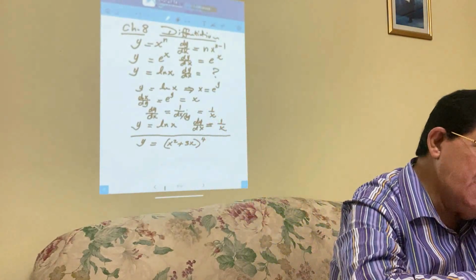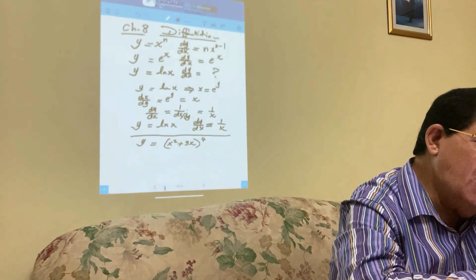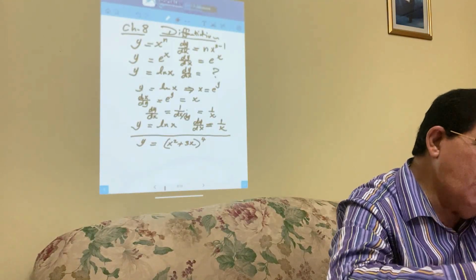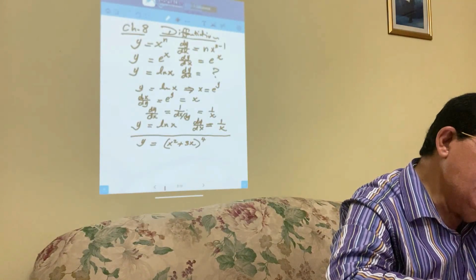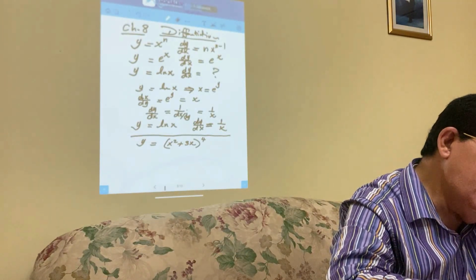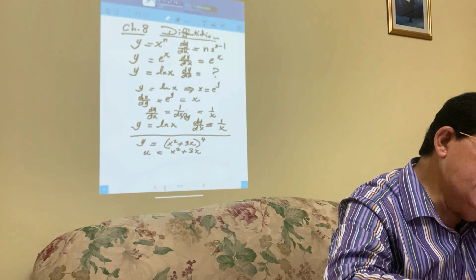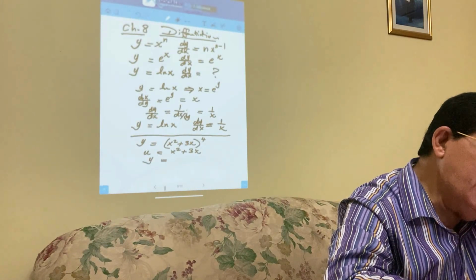But we are going to think of something else. Why don't we call the function u equals x squared plus 3x? This means y equals u to the power 4.